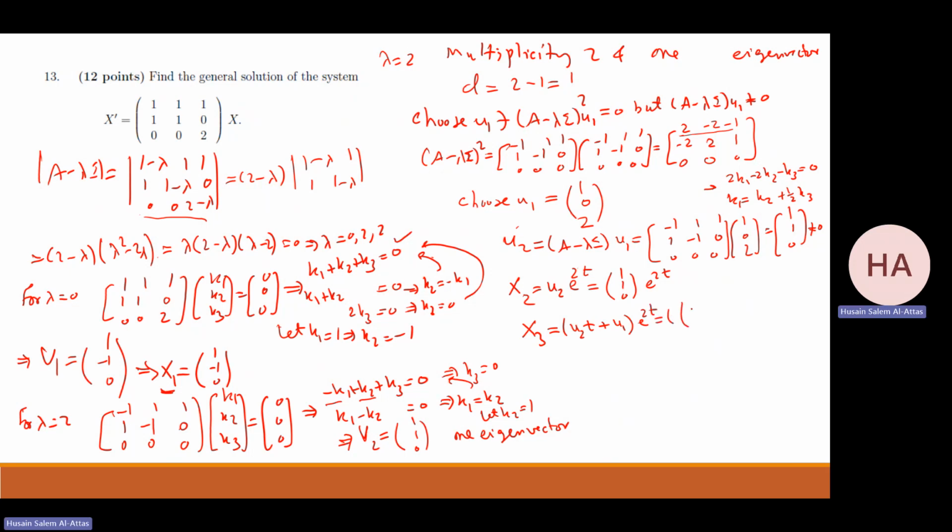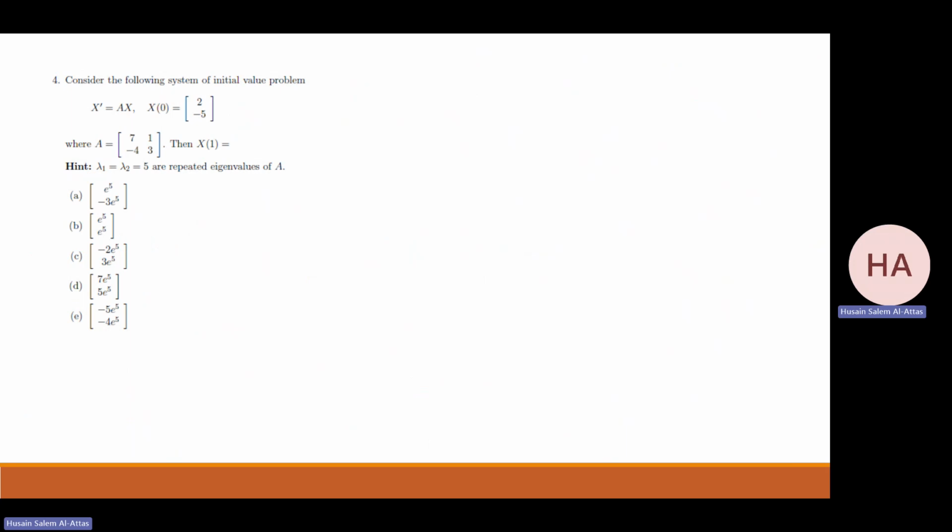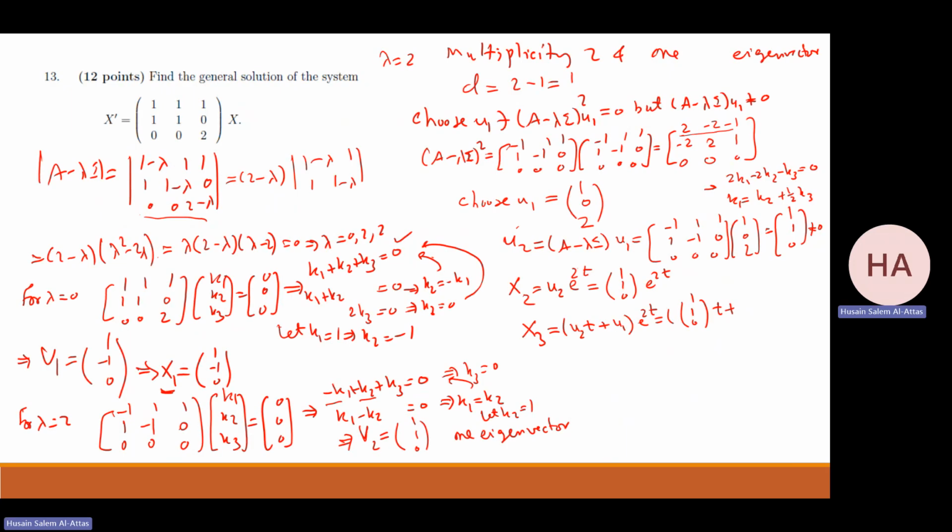That is 1, 1, 0 t plus, what is the u1? I chose it 1, 0, 2, e^2t.